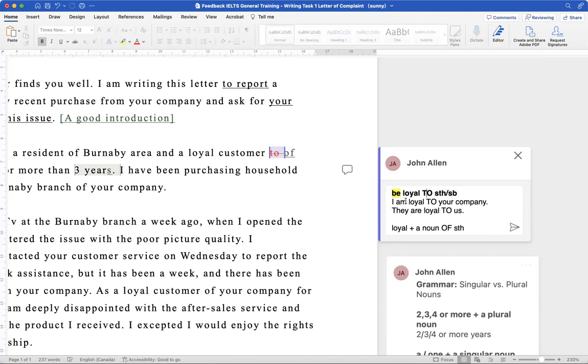So I am loyal to. They are loyal to. That's why you should go on with the preposition to in these examples, to something or to someone. But when you say of, you can use it.